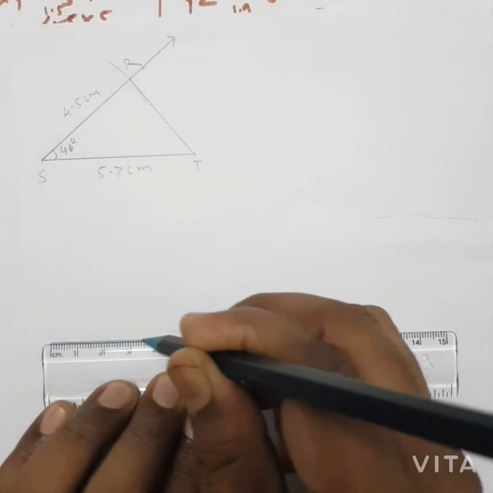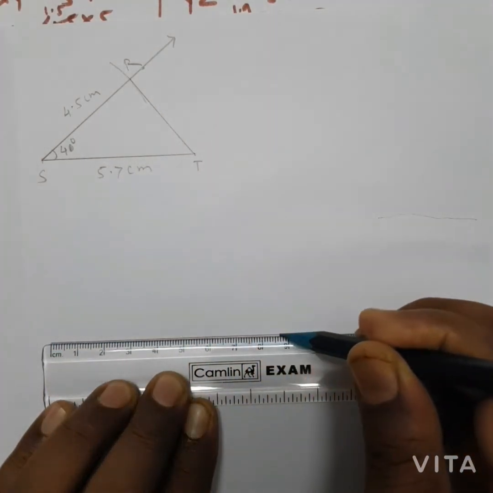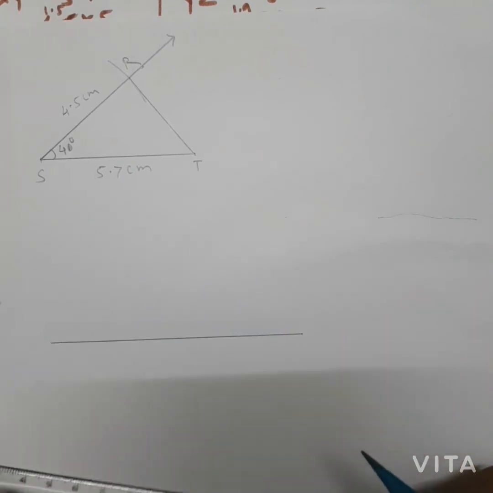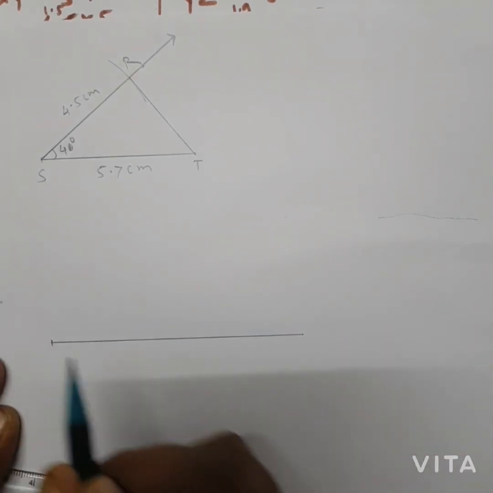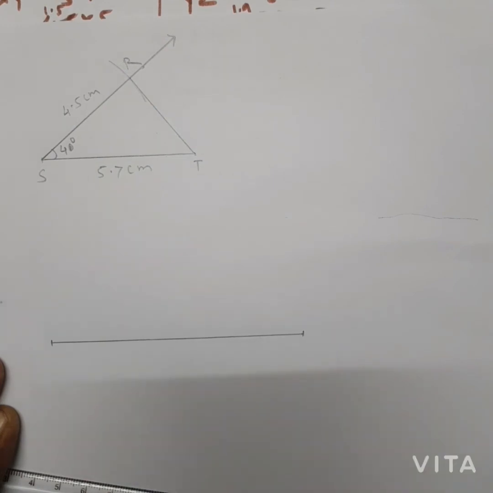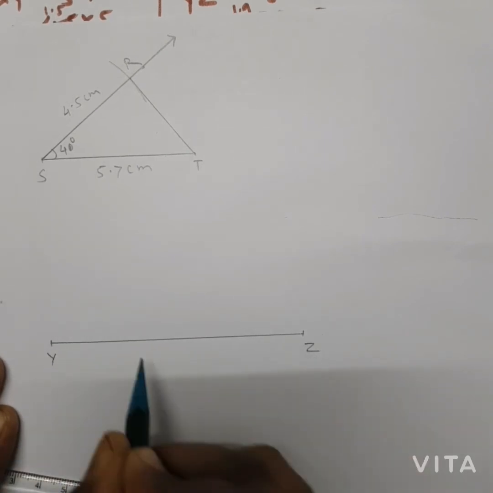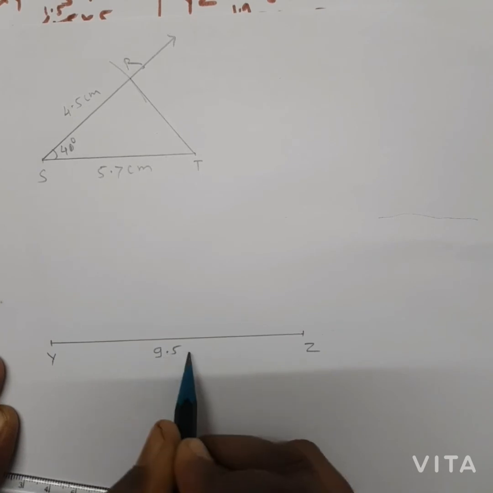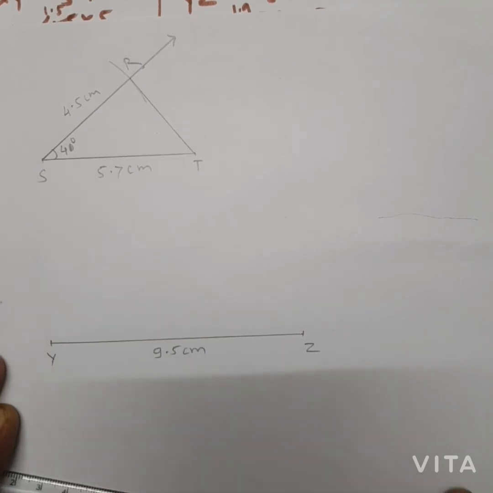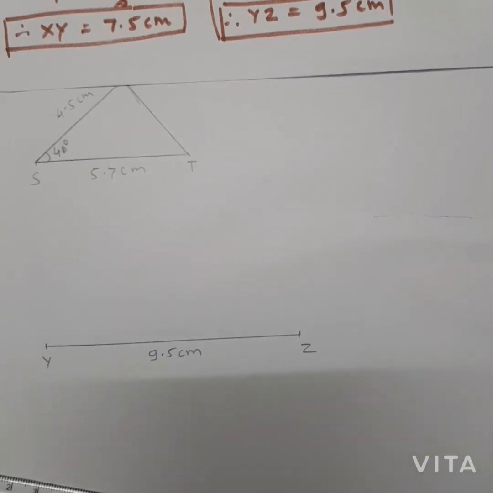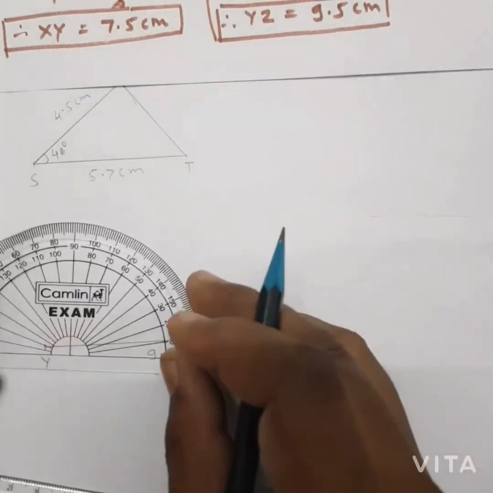See here, 6, 7, 8, 9, 9.5. This is segment YZ, 9.5 centimeter. Angle Y is 40 degree.